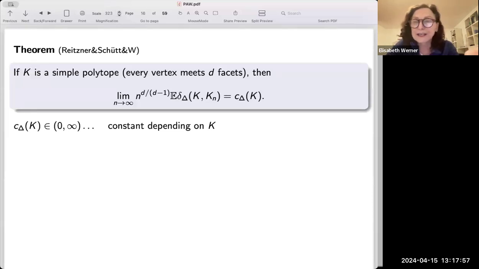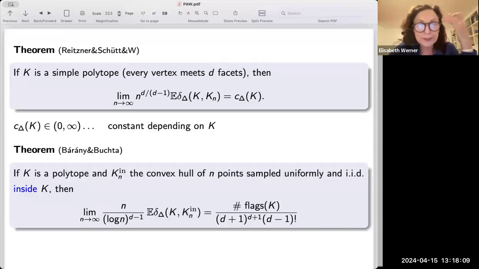But with Matthias and Carsten, we haven't tried to trace the exact value of the constant going through every step of the proof.